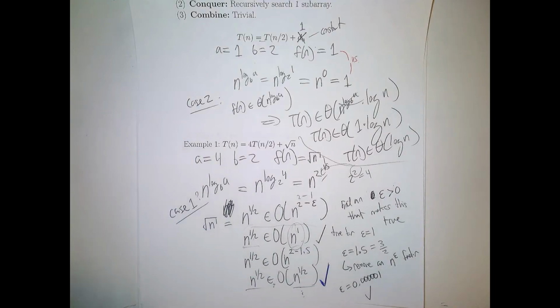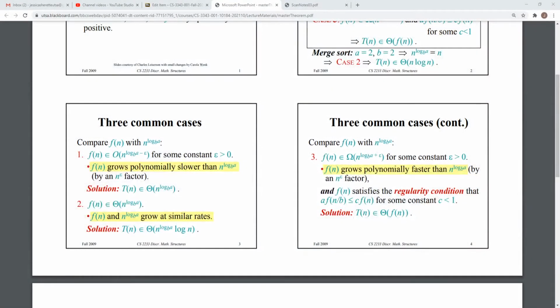The logic here being, let me swap back to Chrome, that we've just proven that f of n grows polynomially slower by an n to the epsilon factor. So we've actually found an amount by which these differ, right? What we're trying to avoid is it being a case 2.